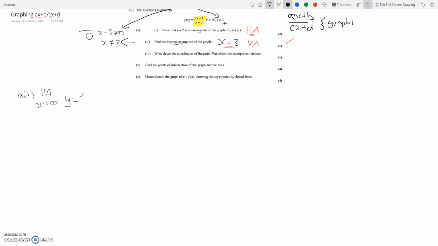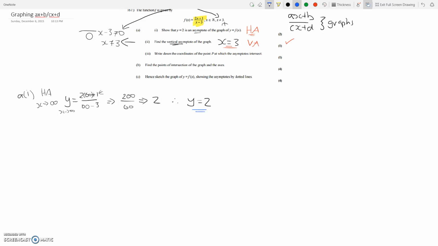So y equals 2 infinity plus 1 over infinity minus 3, for x heads towards infinity. So 2 infinity, you can ignore the 1, so this equals 2 infinity over infinity, which equals 2. Therefore y equals 2 will be the horizontal asymptote.